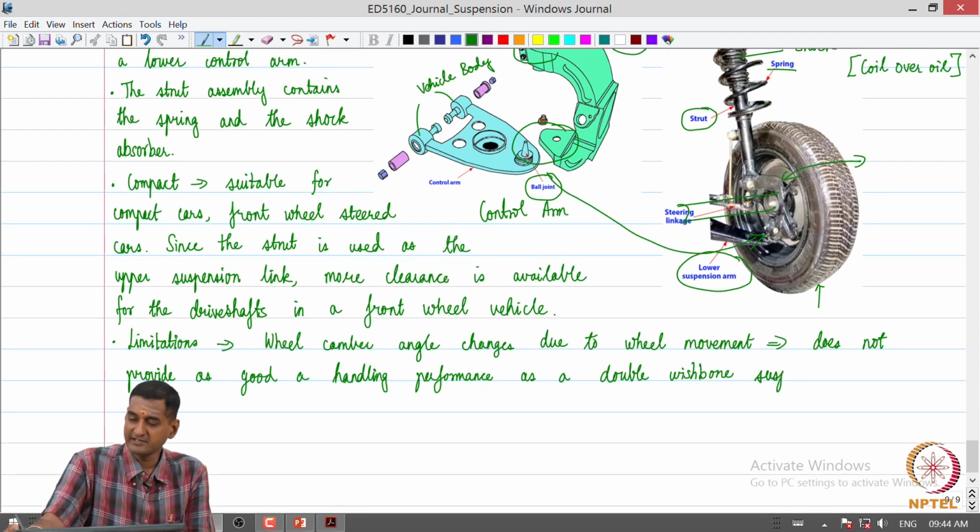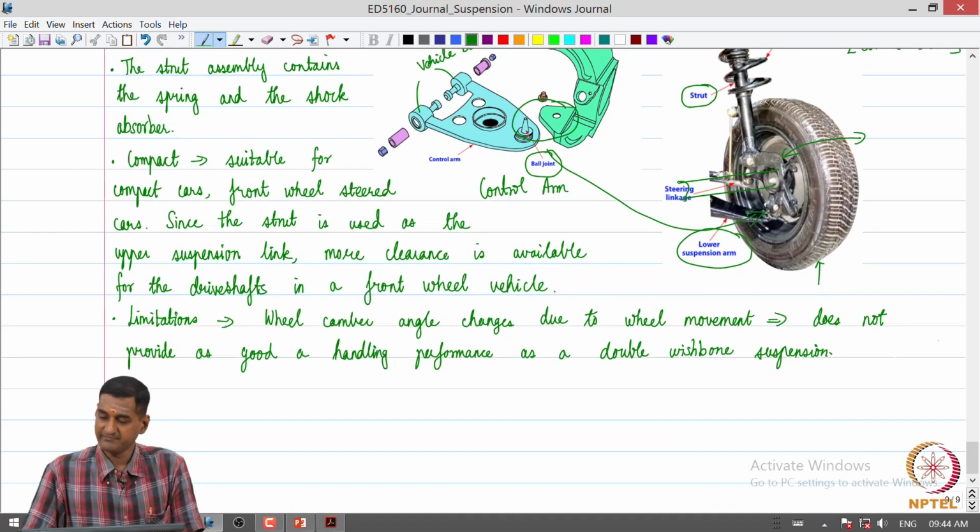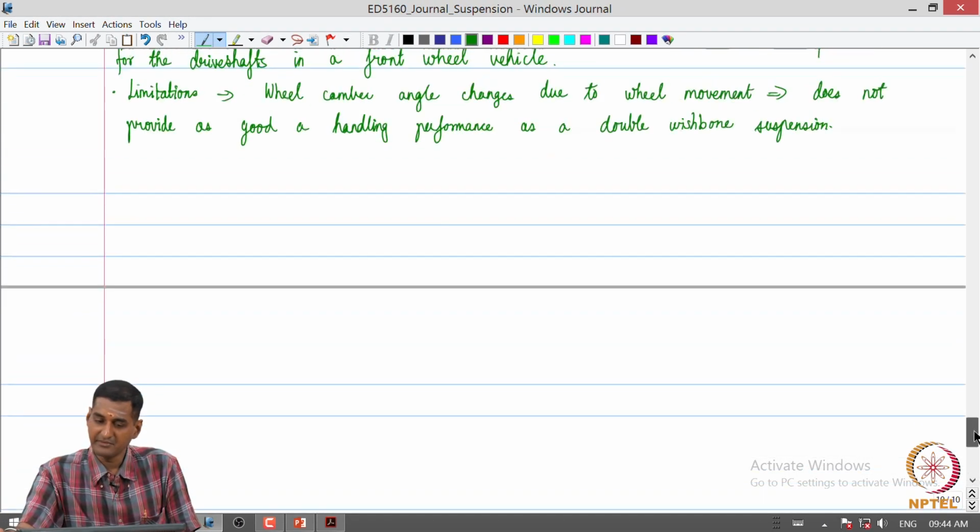So, that is one limitation of a McPherson strut suspension.